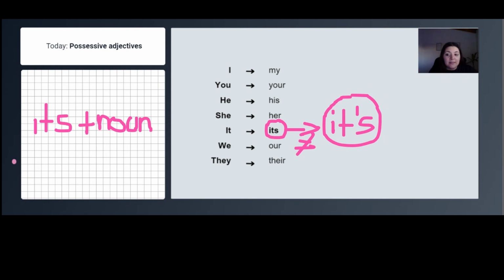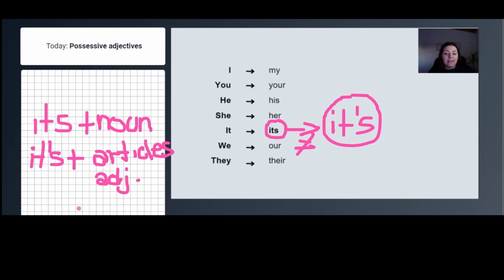And after it's, with apostrophe, usually we add articles, or we add adjectives, or we can even add words, for example, my, your, etc. For example, I can say, it is my house, or the contraction, it's my house.